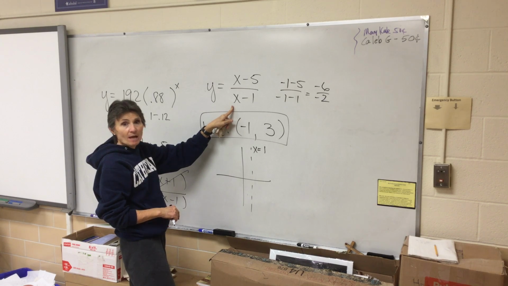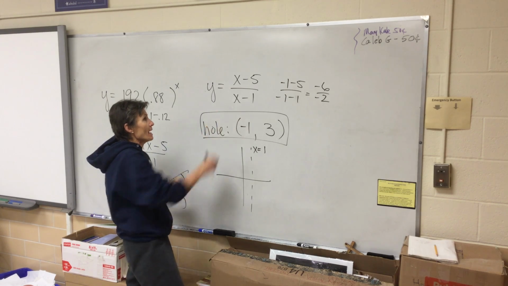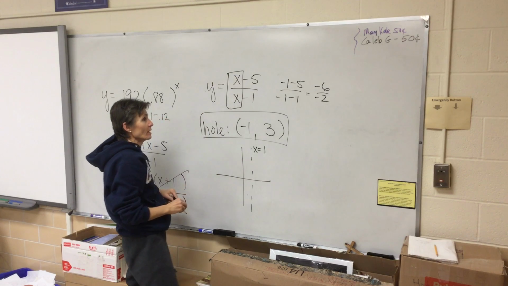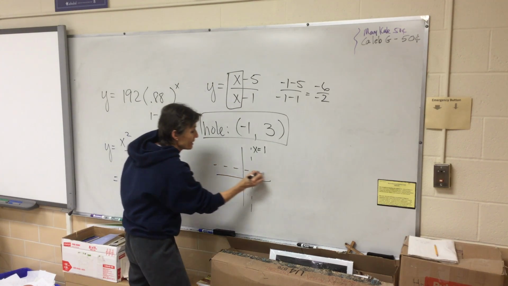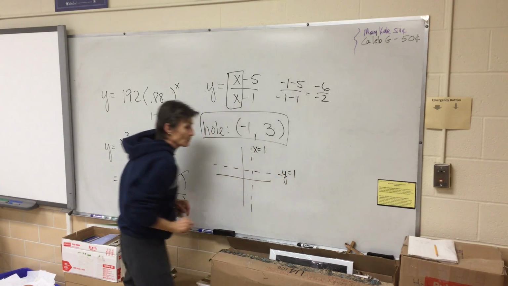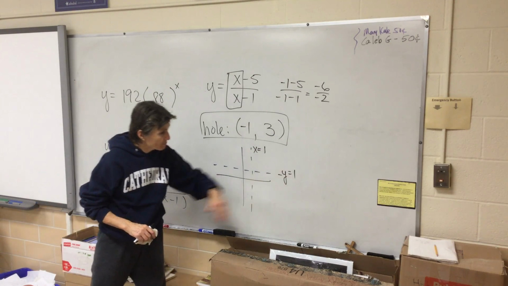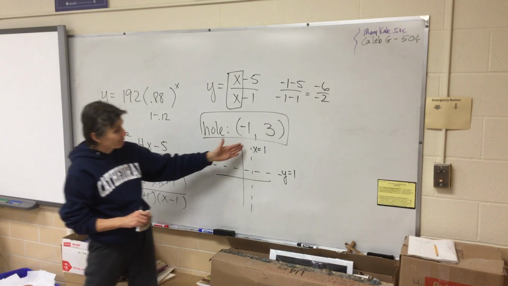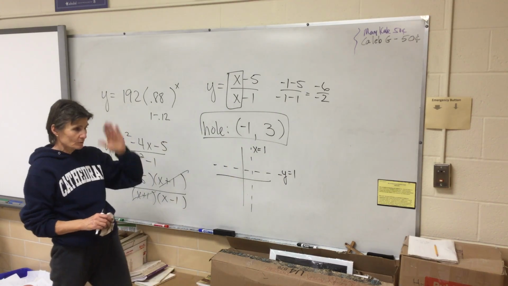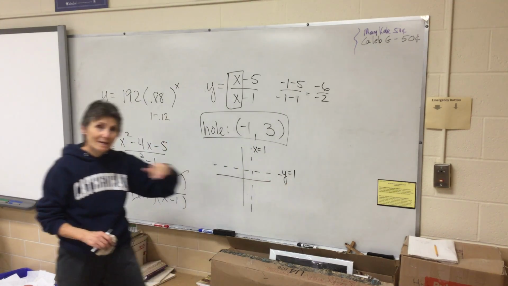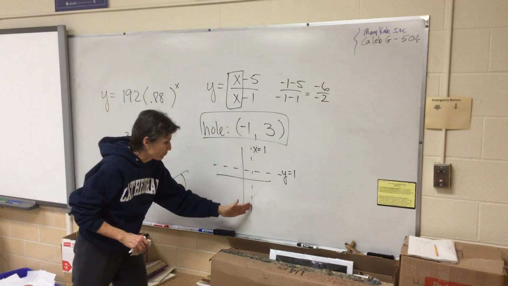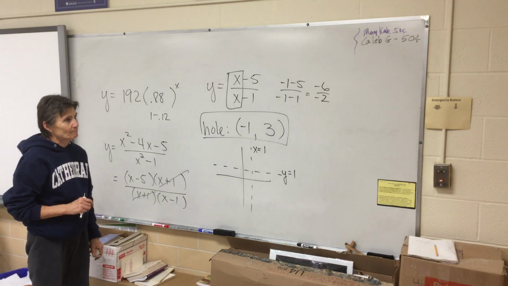What can x not be? And then my horizontal asymptote, I'll just box those in, and it is also at 1. So I have a horizontal asymptote at y equals 1 and a vertical asymptote at x equals 1.